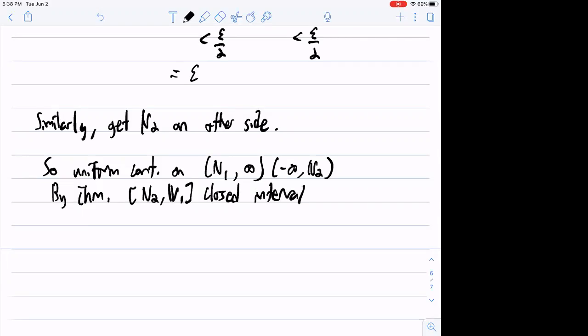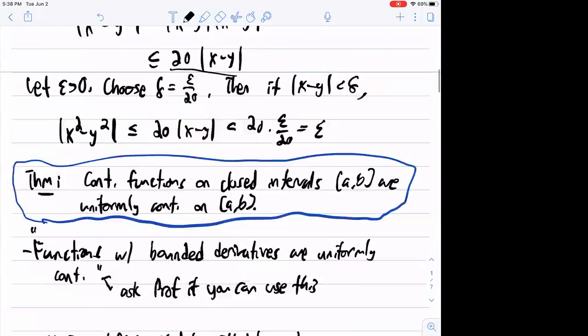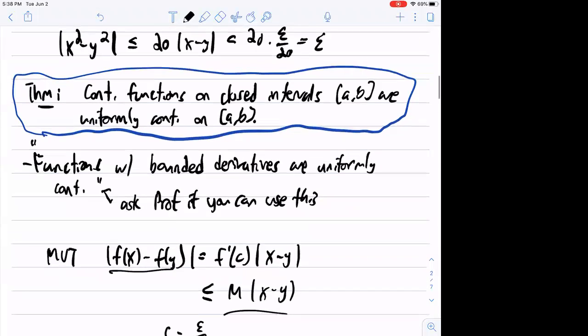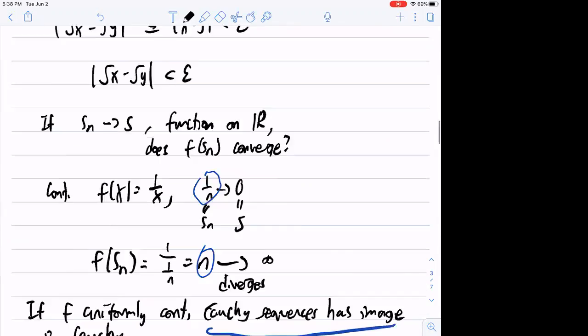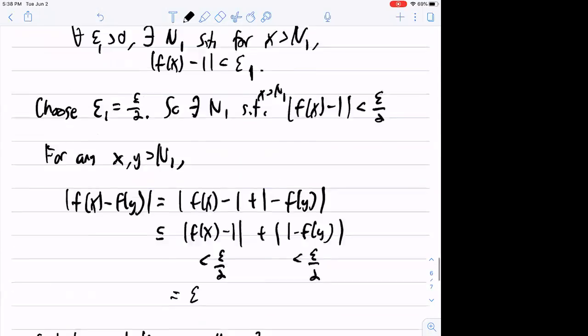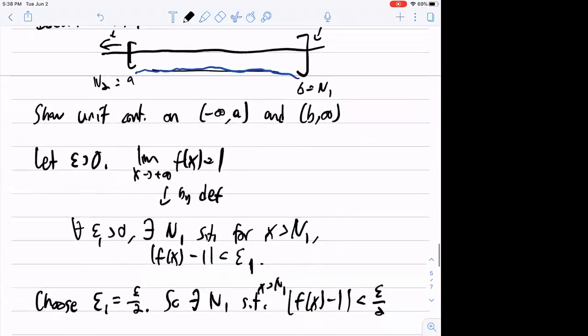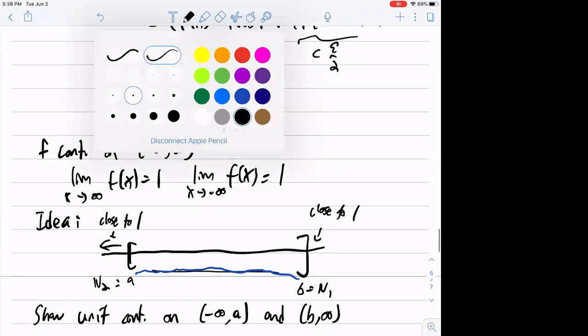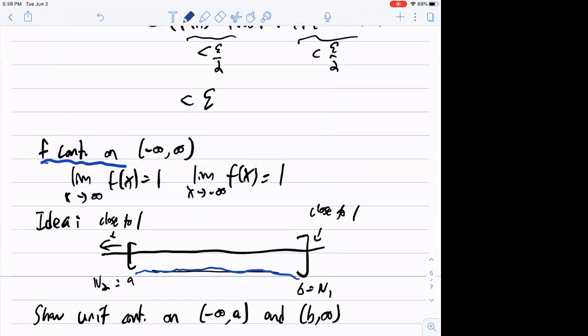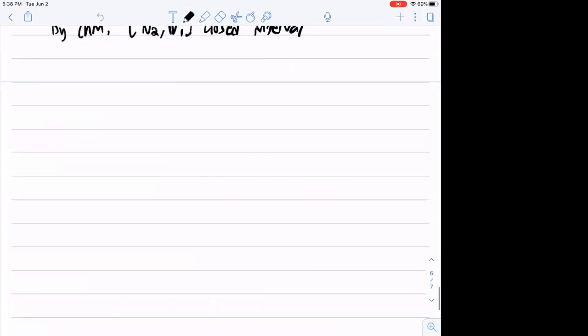So let's go back to the theorem. Continuous functions on closed intervals are uniformly continuous. That is where we are using the assumption of the problem right here, f continuous on negative infinity to infinity. So in particular, it's continuous on n2 to n1.